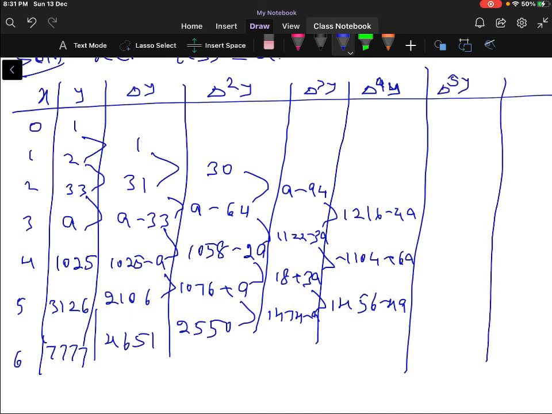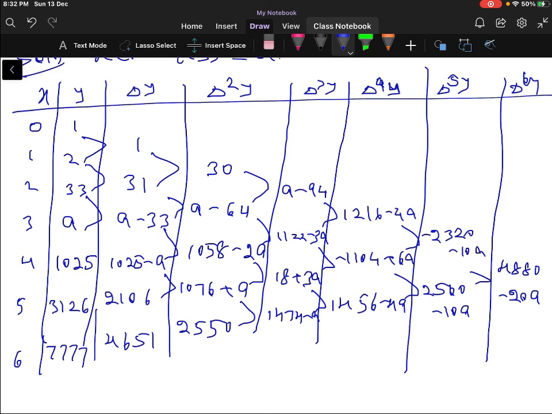Let us construct the fifth forward differences here. Difference of these two, minus 2320 minus 10a. So the difference of these two is here 2560 minus 10a. Delta 6y is the difference of these two, that is 4880 minus 20a.